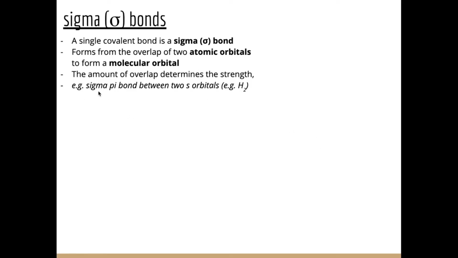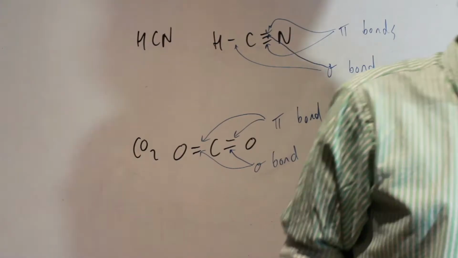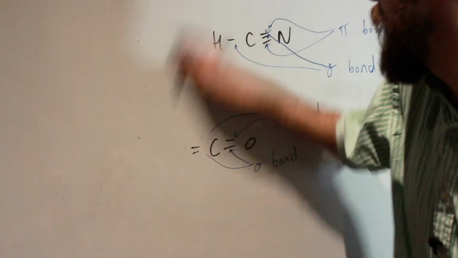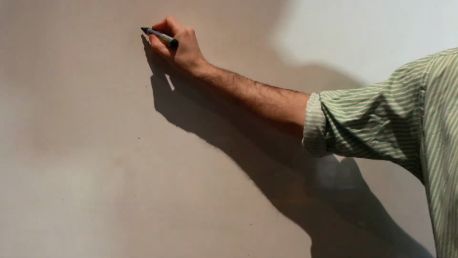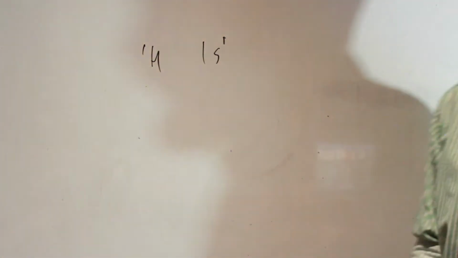So let's look at an example in more depth. A sigma bond between two s orbitals. For example, hydrogen. Let me just draw a hydrogen again. Hydrogen subshell electronic configuration. We have a simple 1H. It's going to have 1s1.